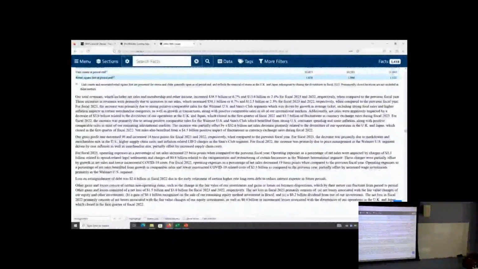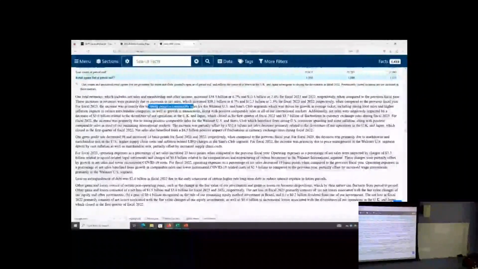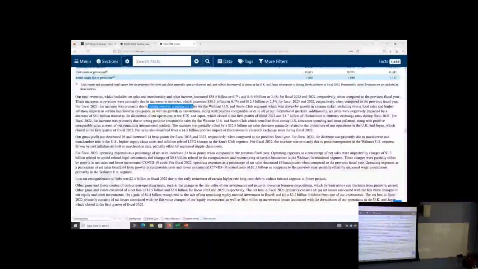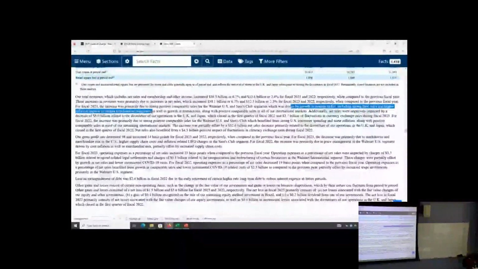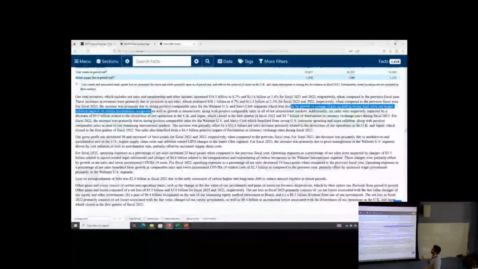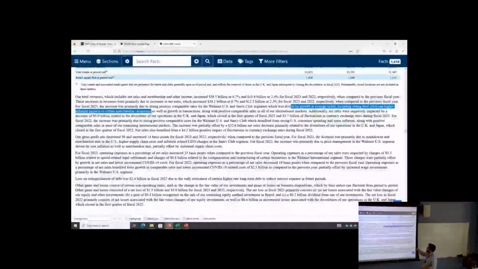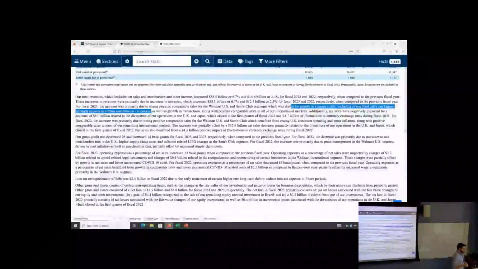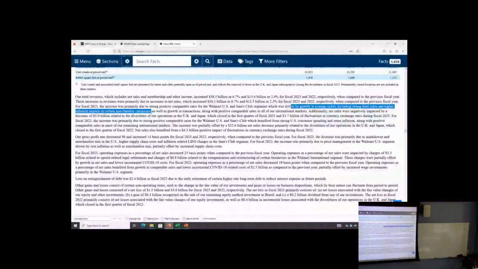And now we're getting into some more details on what's going on with the company's revenues. So the company's revenue increased. A lot of that they're attributing to increasing receipts, basically increasing the amount of sales per customer.